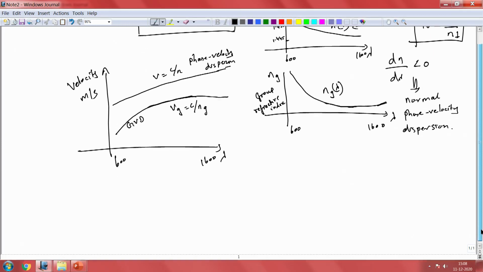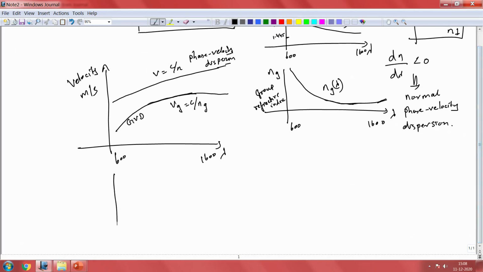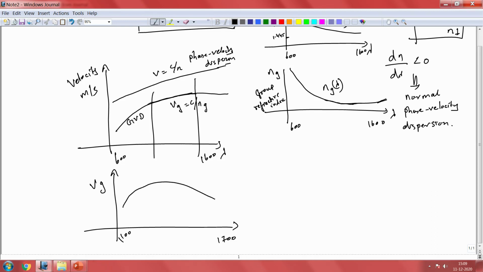So let's zoom in and see how this actually happens. When you zoom into this region, this is the group velocity that we are specifically interested in. Let us say we are zooming into around 1700 nanometers. What you have here is something like this.